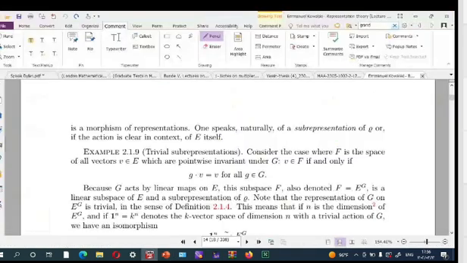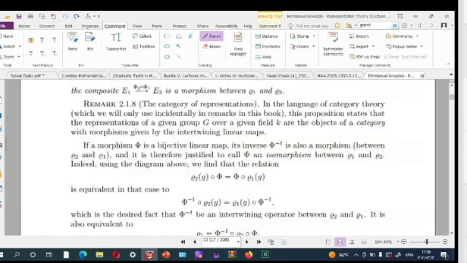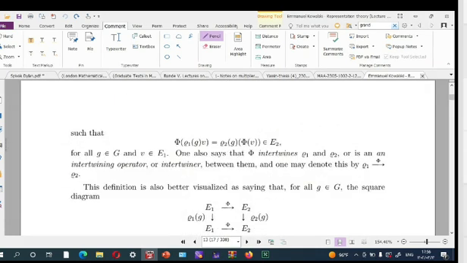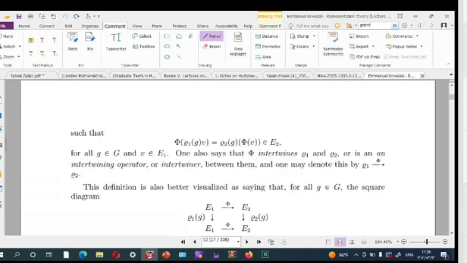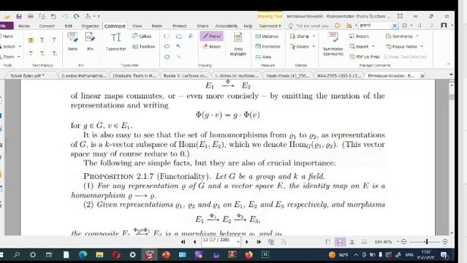This is a sub-representation of rho. We must show this equality, and we see this in the general case.